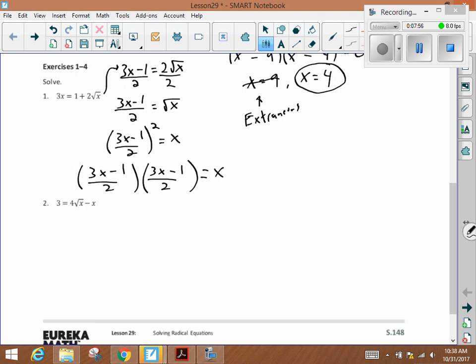I'm going to rewrite this over here, except I'm going to go ahead and write that as 3 halves x, or 3x over 2 minus 1 half, times 3 halves x, or 3x over 2 minus 1 half. That's better.